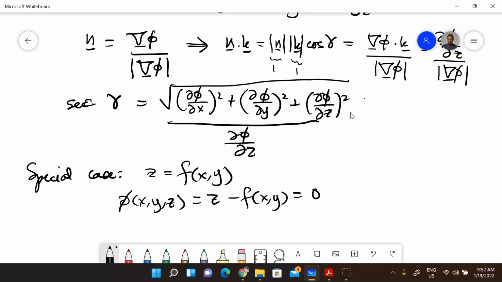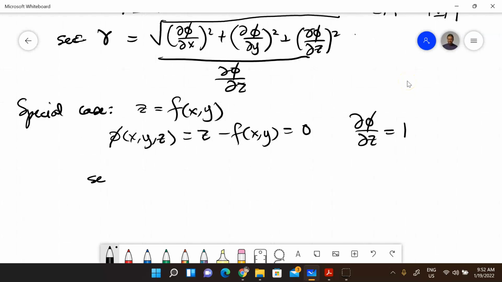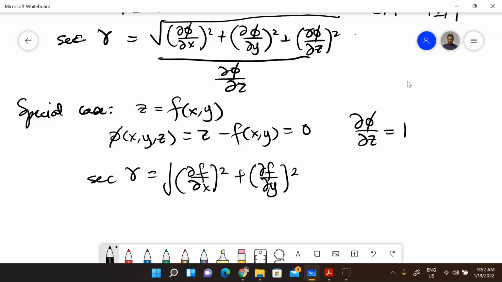Then d phi dz equals 1. So in other words, your secant gamma in this particular case will be the square root of f_x squared plus f_y squared, and d phi dz is simply equal to 1.